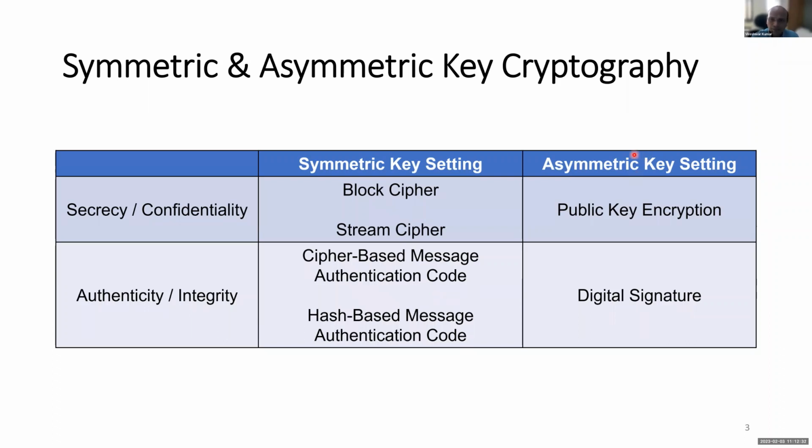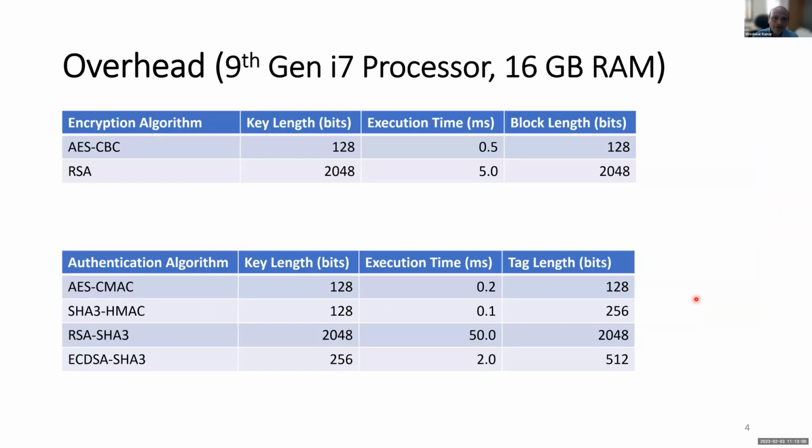In the public key setting, for confidentiality, the protocol is popularly known as public key encryption. And for providing authenticity and integrity, the protocol is popularly known as digital signatures. So with this very quick background of symmetric and asymmetric cryptography that is typically utilized in computer security, now let me try to give you some numbers.